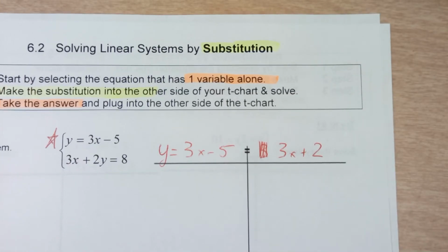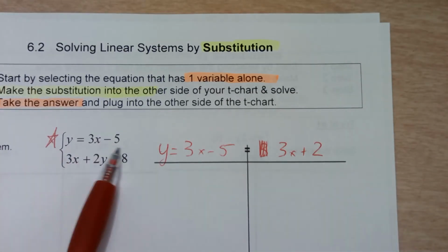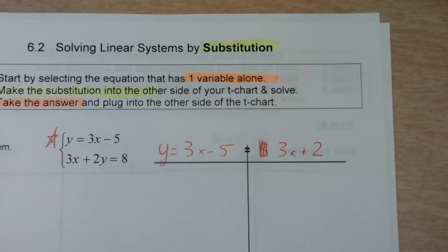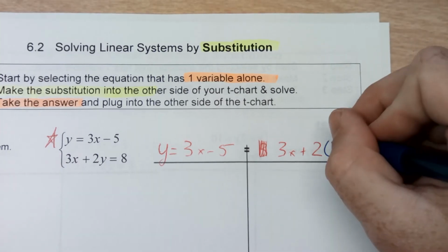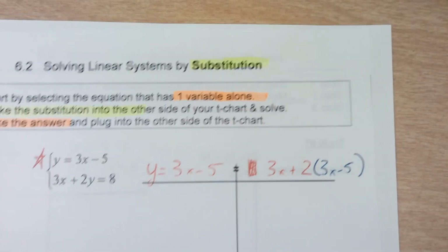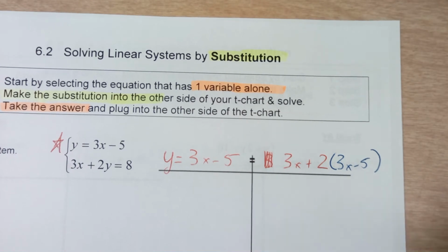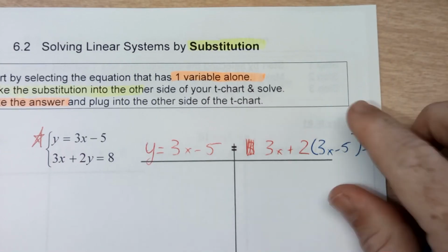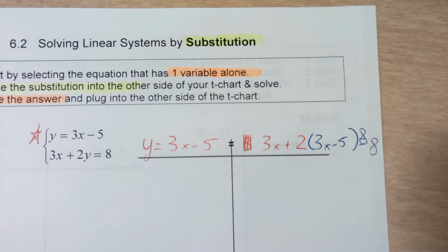And we already know what y equals. Our value for y is 3x minus 5. So instead of 2 times y, I'm going to do 2 times 3x minus 5. And then we're going to set that equal to 8.